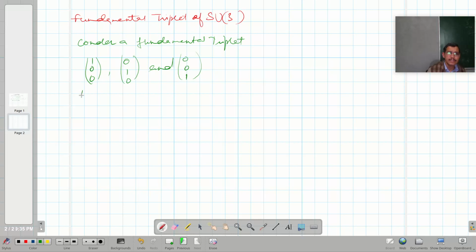In other words, I can say that these are the three eigenvectors of the fundamental triplet.